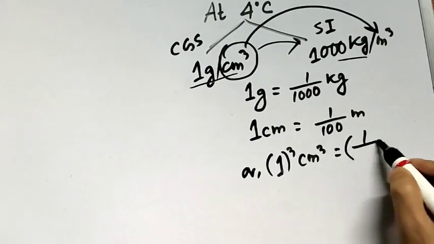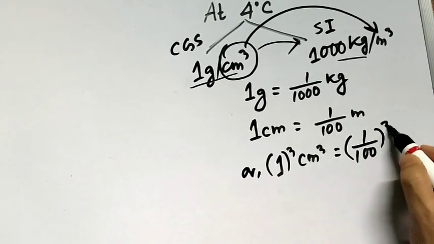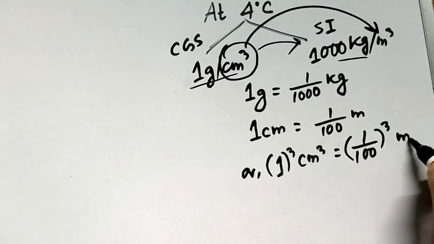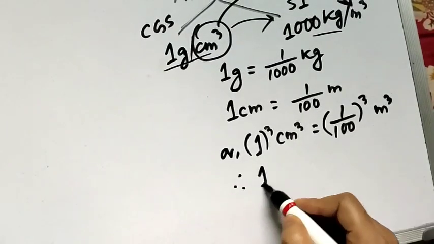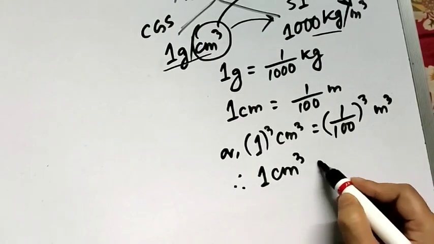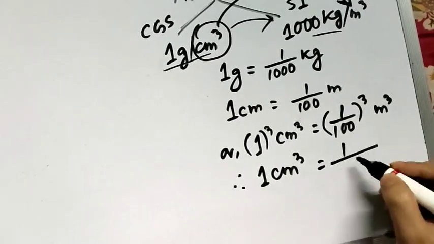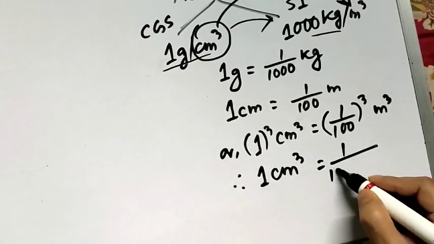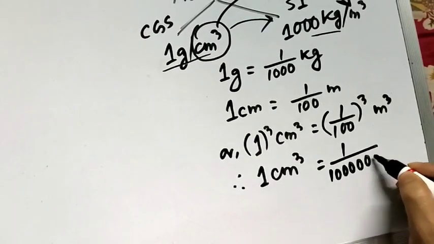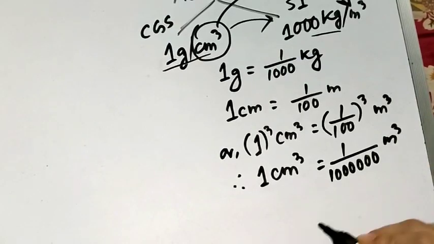It also becomes 1 by 100 cube, then meter cube. So 1 centimeter cube is equal to 1 by 2 zeros into 3, that means 6 zeros, 1 2 3 4 5 6, meter cube.